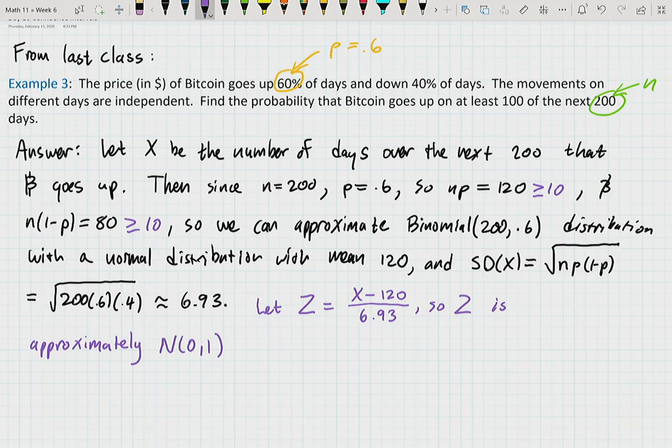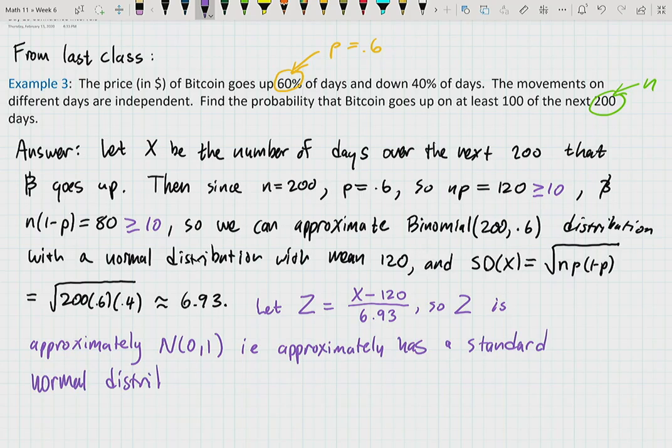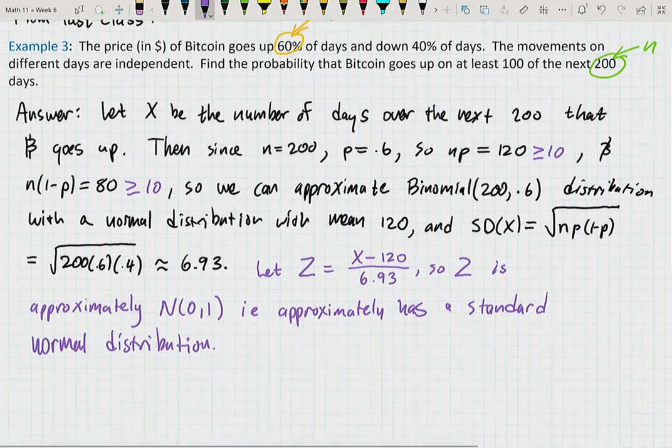When I say approximately N(0,1), I mean that Z approximately has a standard normal distribution. Cool, okay.